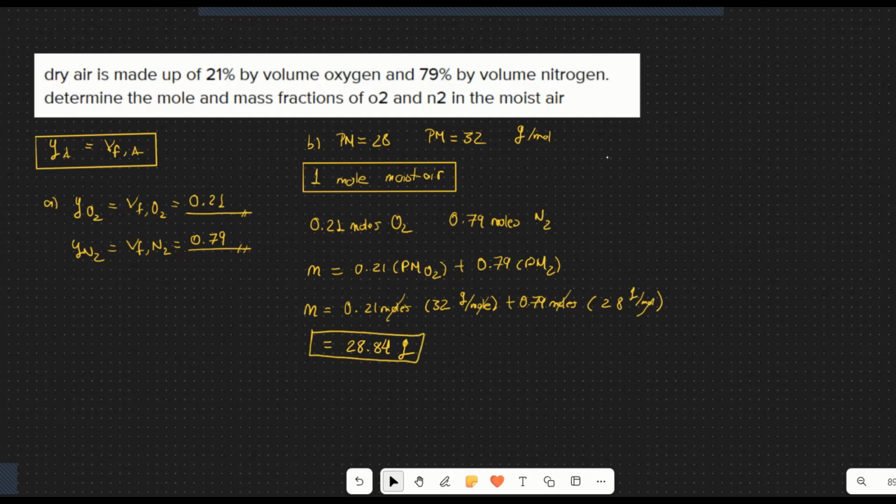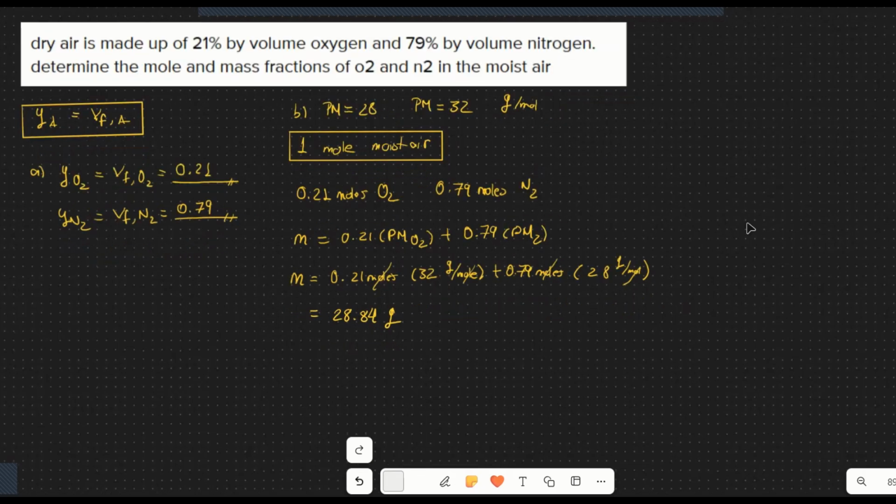So this is the mass of moist air, and we are required to calculate the mass fractions. So we need to determine the mass of oxygen within the mixture as well as the mass of nitrogen. And we've already calculated them because we were required to do so to determine how many grams of moist air are present in 1 mole of the substance.